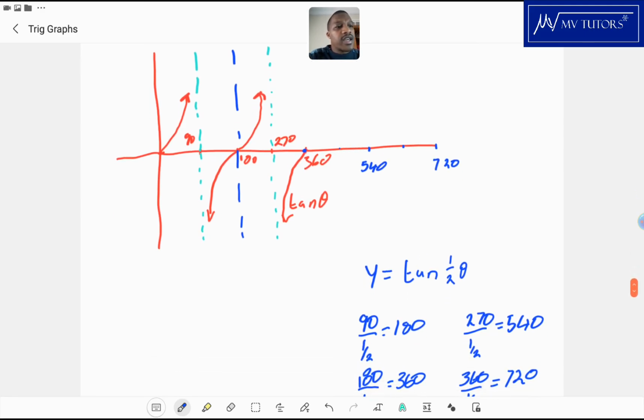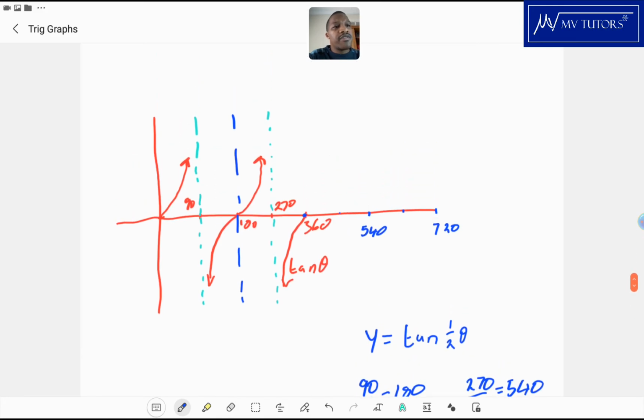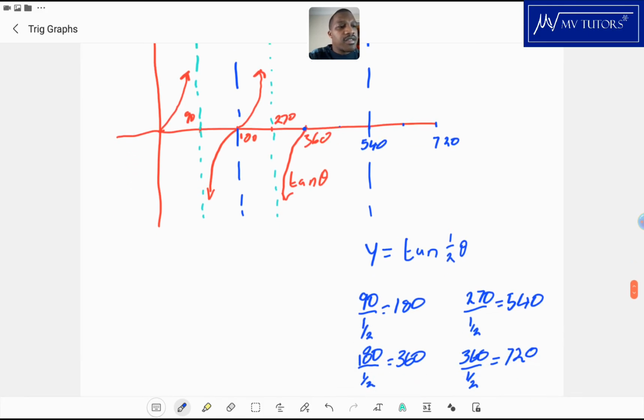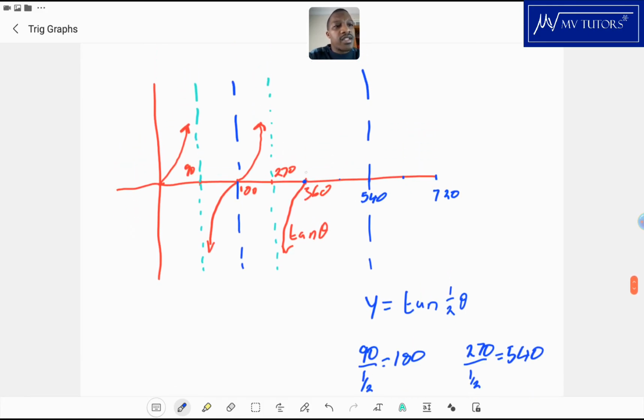So where's our other asymptote? It's at 270, so at 540 we have our second asymptote right there. Now the complete graph is starting at 360, which represents 180 from the original graph. It goes like that, and then towards the asymptote, it doesn't touch it.